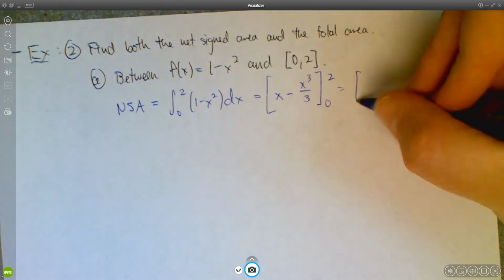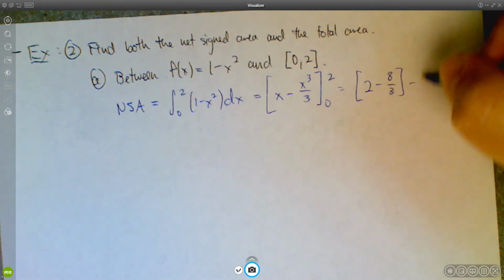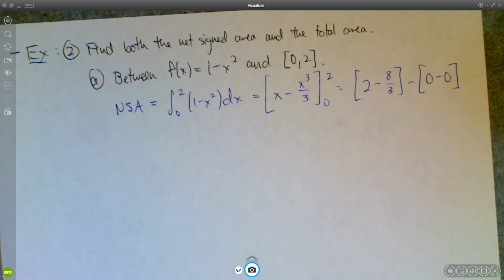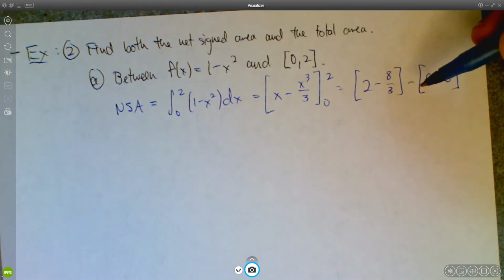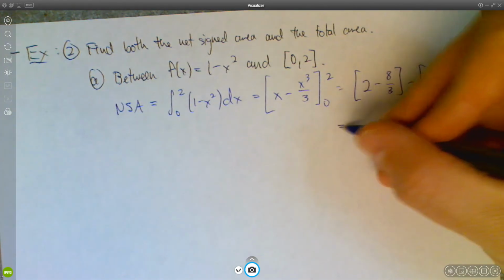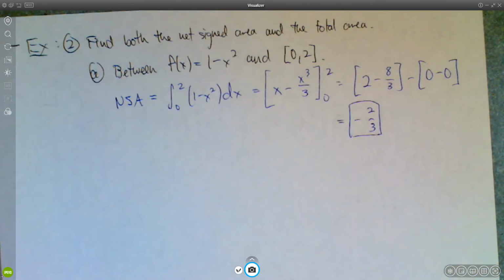So that's going to be 2 minus 8 over 3 minus 0 minus 0. 2 is 6 over 3, so 6 over 3 minus 8 over 3 should be negative 2/3. So you get negative 2/3 when you're looking at the net signed area.